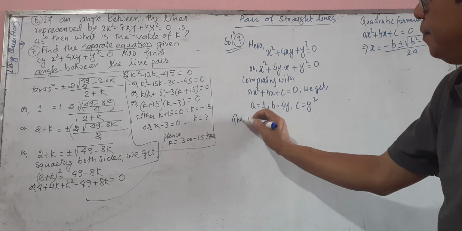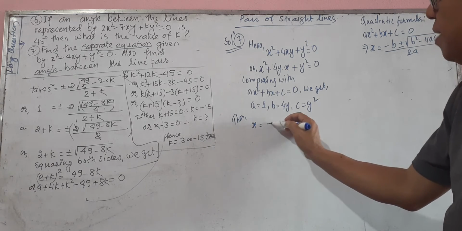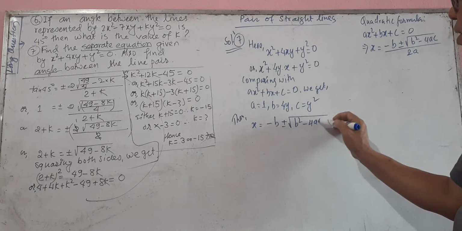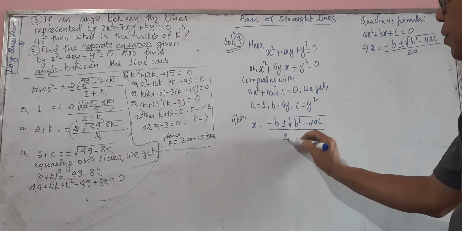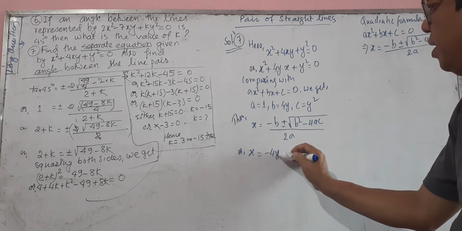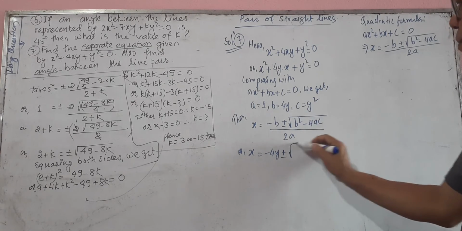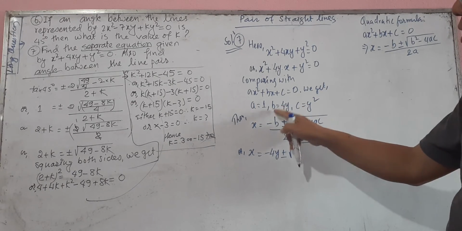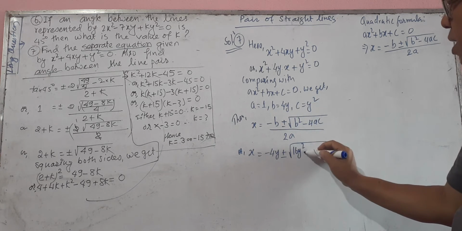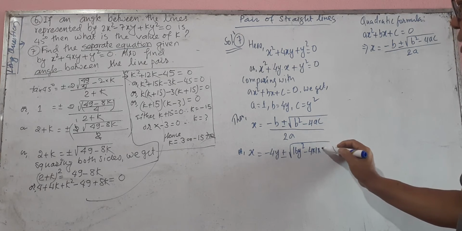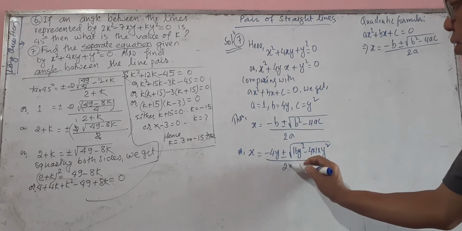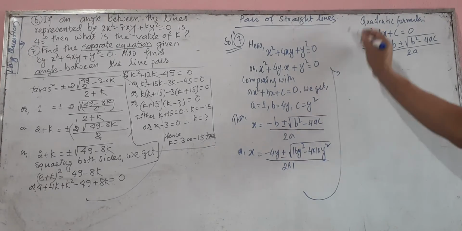Then x is equal to minus b plus minus root of b square minus 4ac, whole divided by 2a. So x is equal to minus 4y plus minus root of b square, which is the square of 4y, that is 16y square, minus 4 times a times c, which is y square, whole divided by 2 into 1.